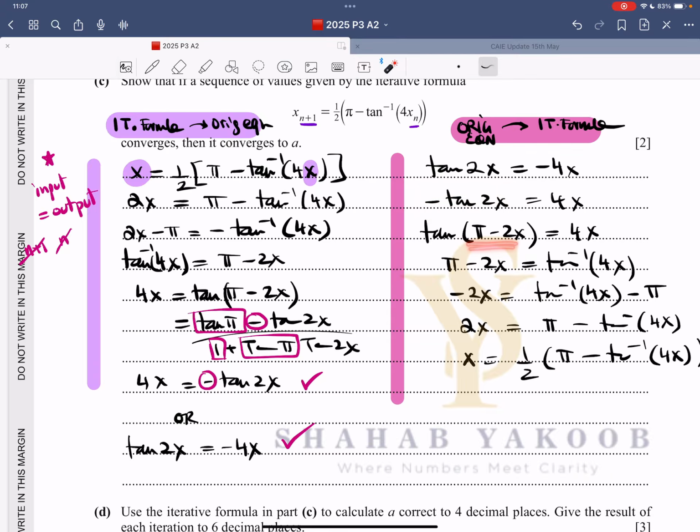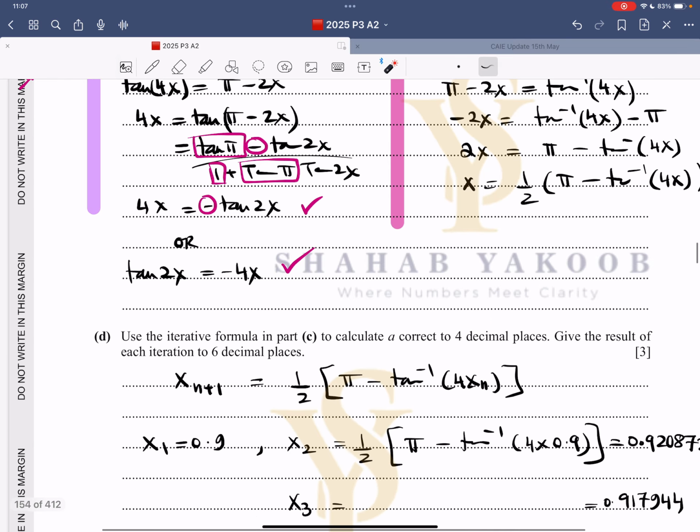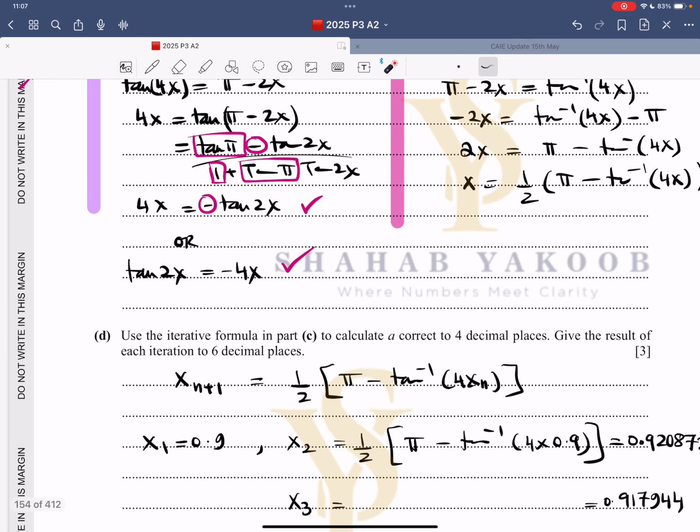Now this negative tangent 2x, I have written this thing. Can anybody guess what I have done? Basically, I have used a slight trick, and let me write it over here. That is tangent of 180 degrees minus theta equals negative tangent theta. 180 is the same thing as pi.